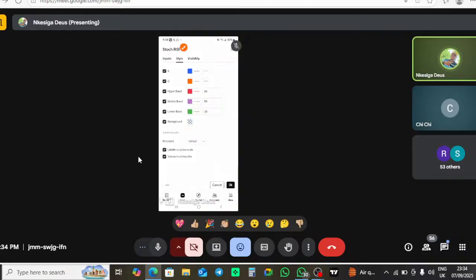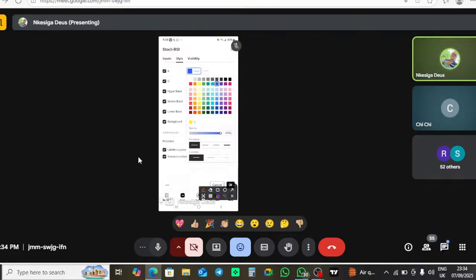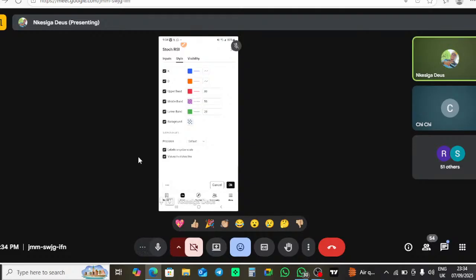When you click on it, you can even increase the thickness. You can make it dotted and make sure the opacity is at 100. I normally use the second one on K, then the third one on D. Then from there I come here to the upper band.